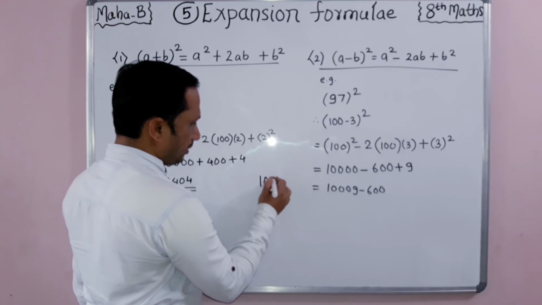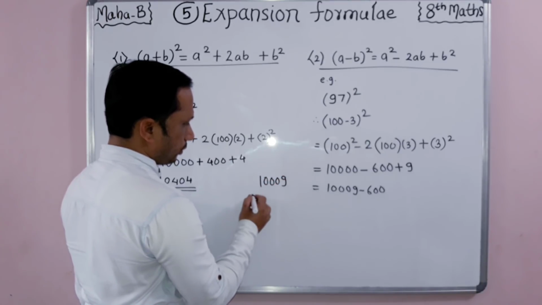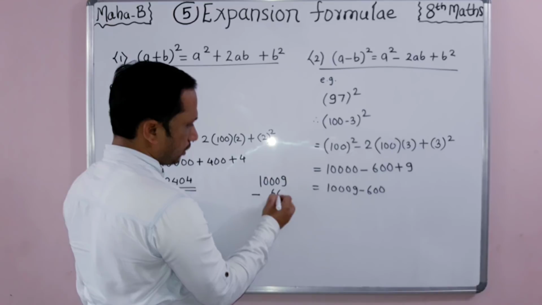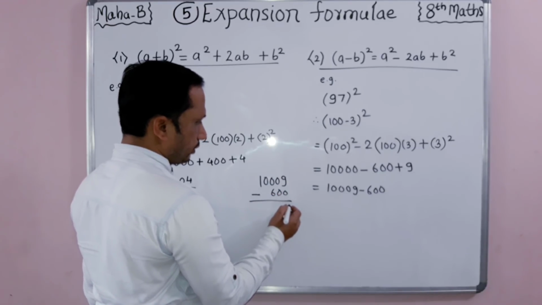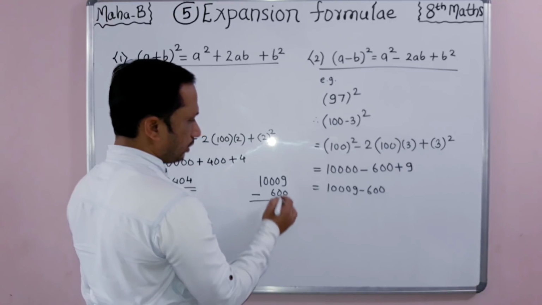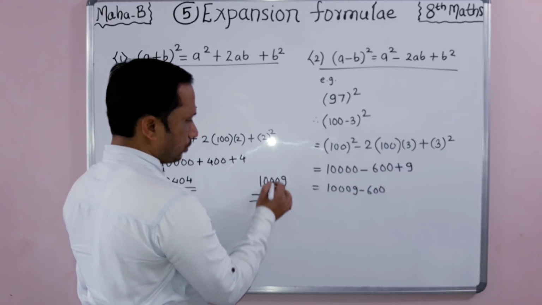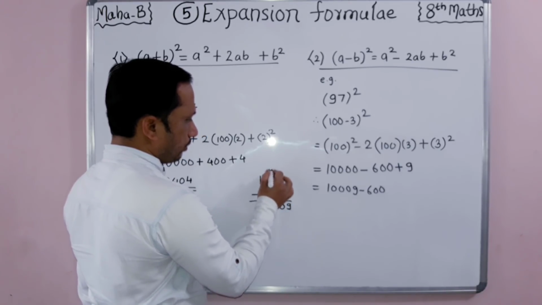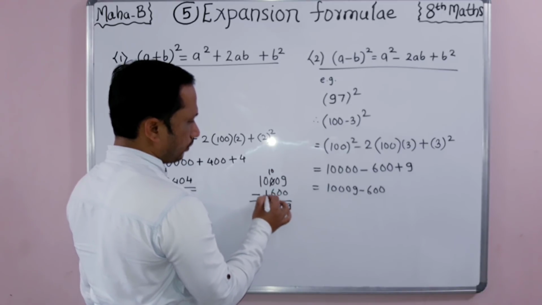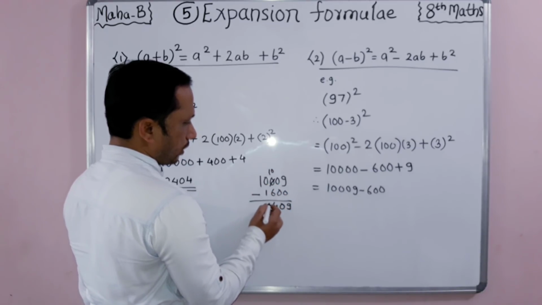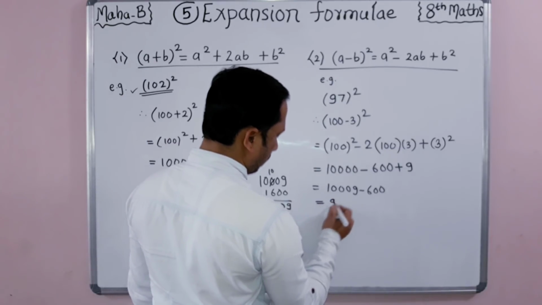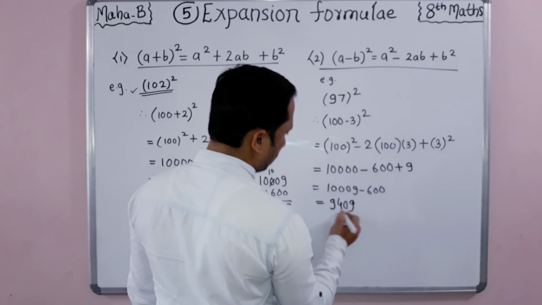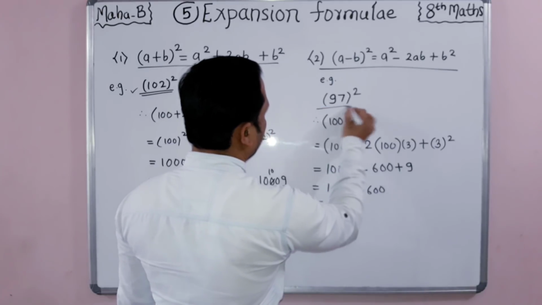So write it like this: 10009 minus 600. 9 minus 0 is 9 only. 0 minus 0 is 0. Then 10 minus 6 is 4, carry 1. And 10 minus 1 is 9. So what is the answer? 9409 is the square of 97.